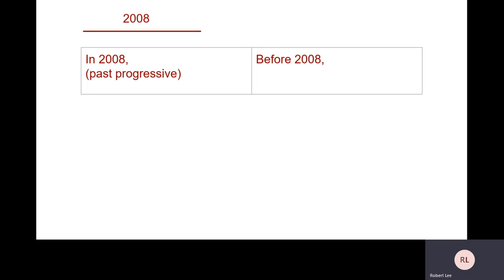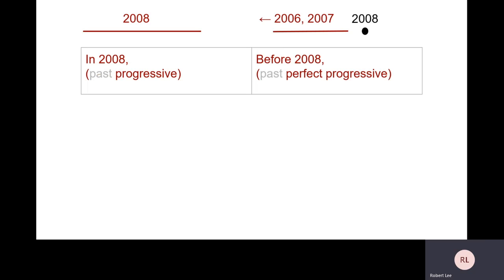Yep, so on the left, in 2008, we would just use the progressive tense here, and in this case, we'll be using the past progressive tense because 2008 is a year in the past, obviously. And on the right, we will use the past perfect progressive tense. Okay, so think about what these 2 things mean.